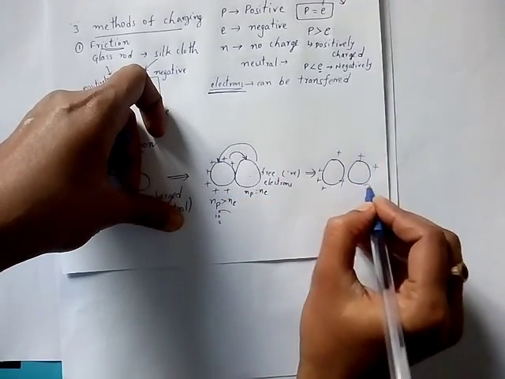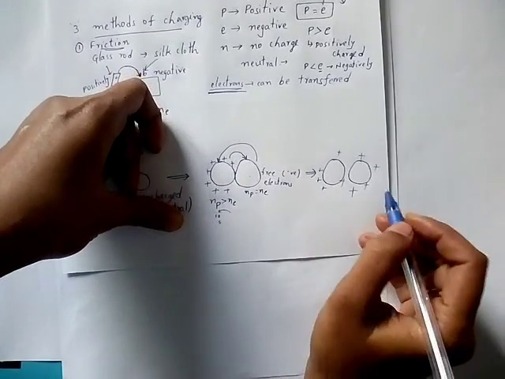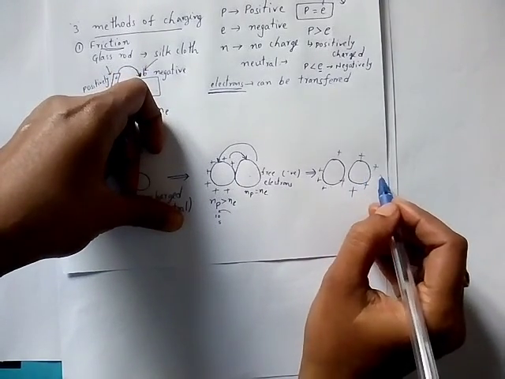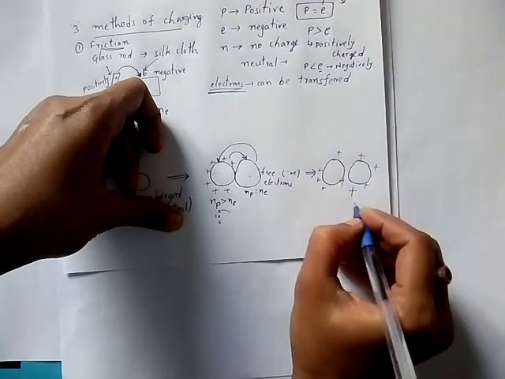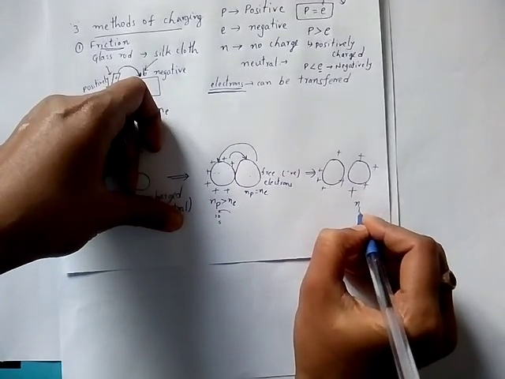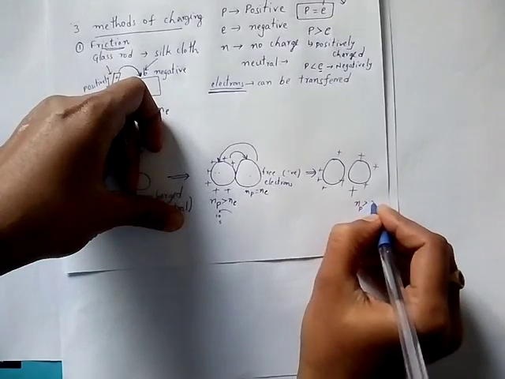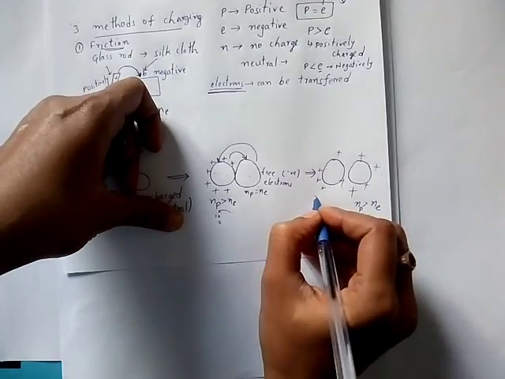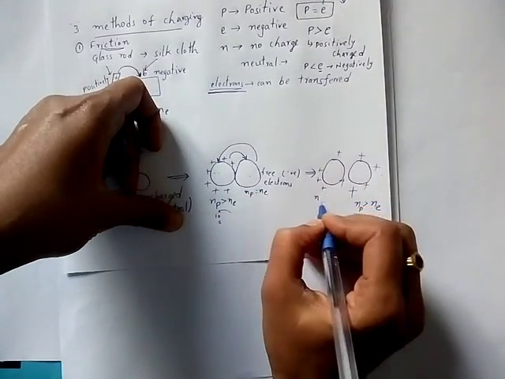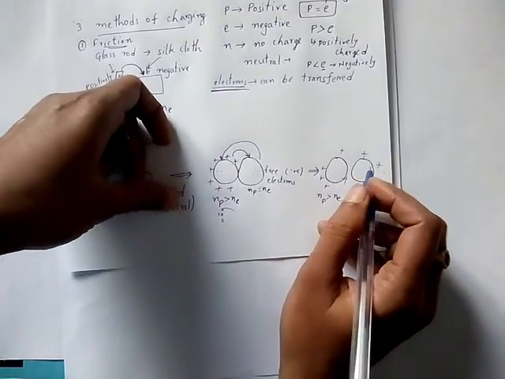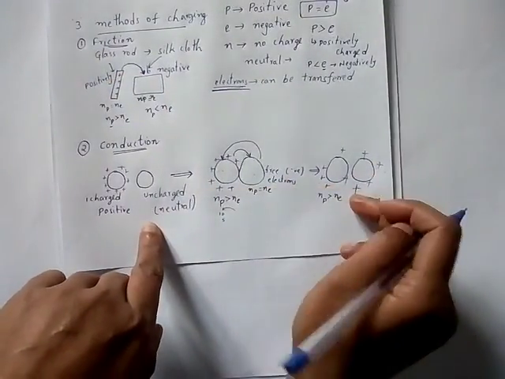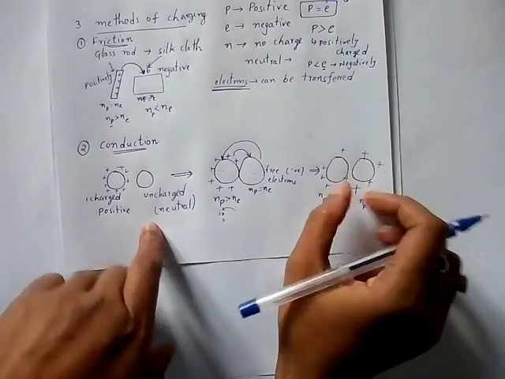Understood how it has become positive charge? Free electrons got transferred here, so that here the number of protons is more than the number of electrons. Here already protons are more, so both will become positively charged. This process we call conduction.